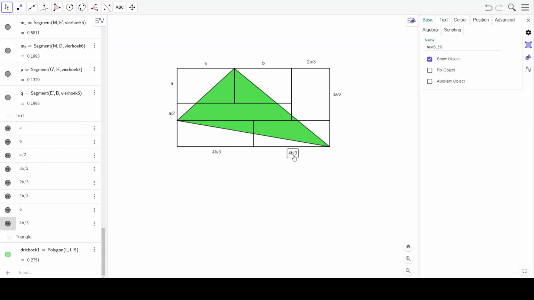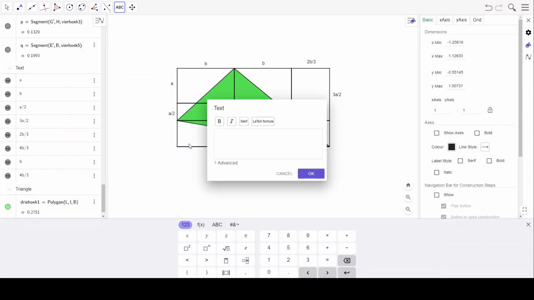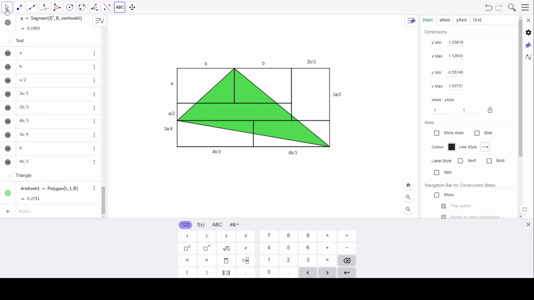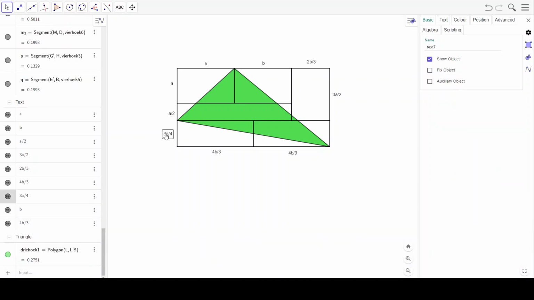This one has the same width, so that they add up to 8B over 3. And finally, we can also infer their height, because they have area AB again, so therefore the height must be 3A over 4. So that again the fractions cancel and the area is AB.